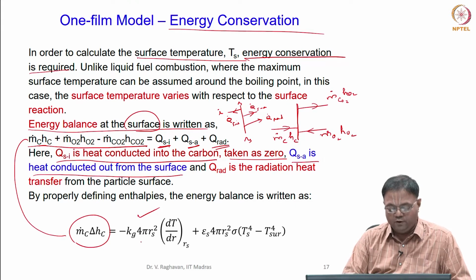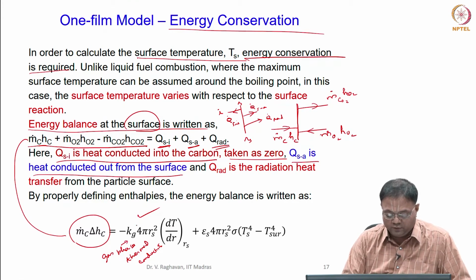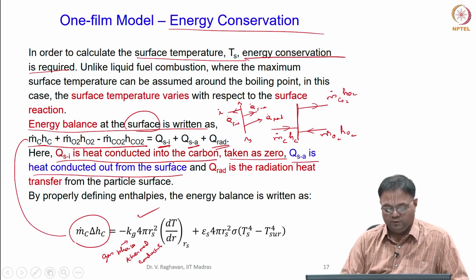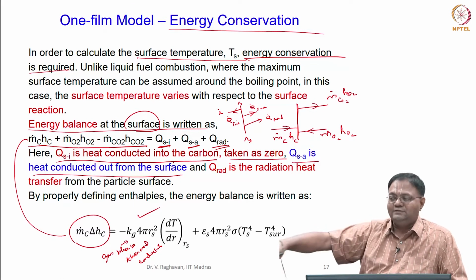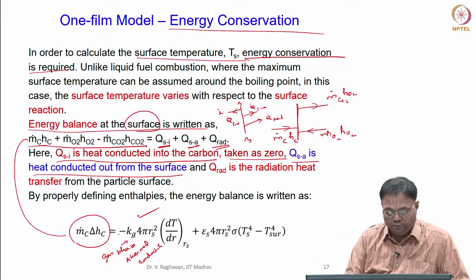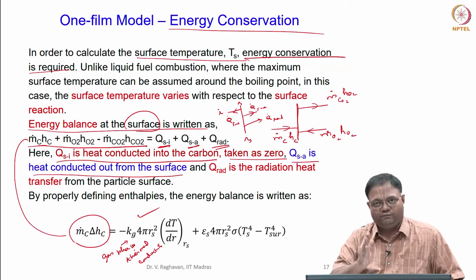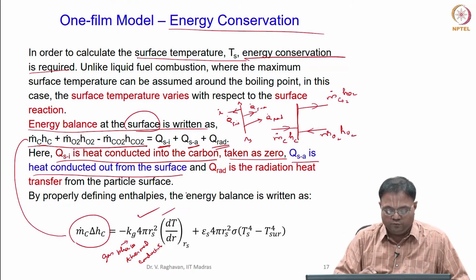So minus Kg, where Kg is the gas phase thermal conductivity, times dT by dr. Temperature decreases in the increasing radial direction, so a negative sign comes for that, and the heat is conducted away from the surface to the ambient, so this is a positive quantity again.